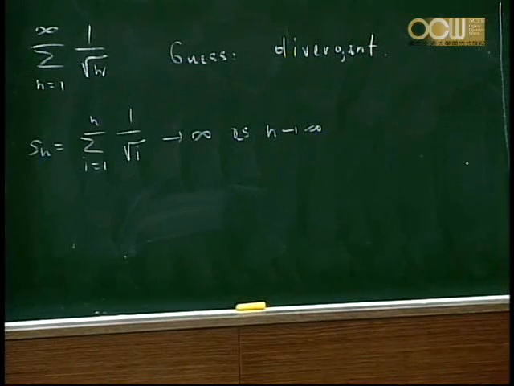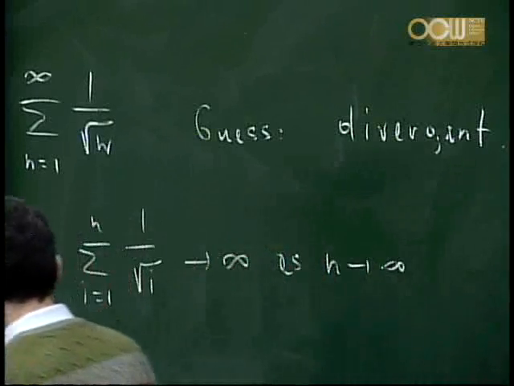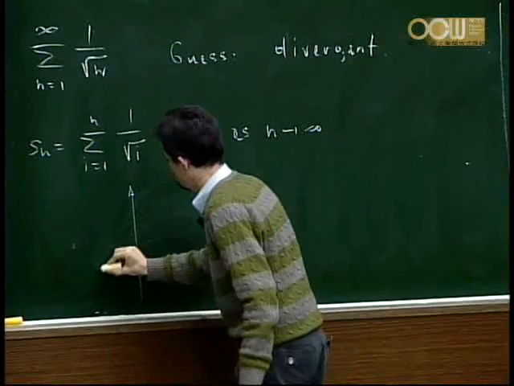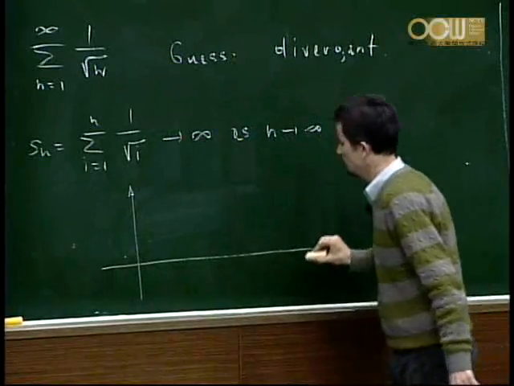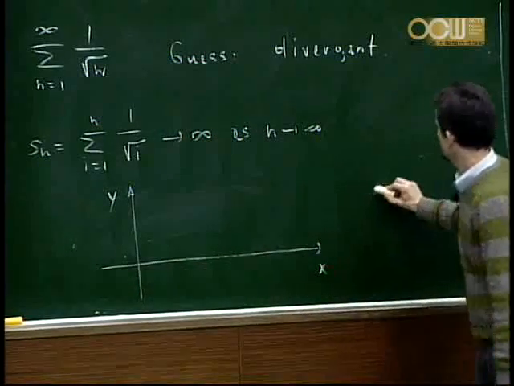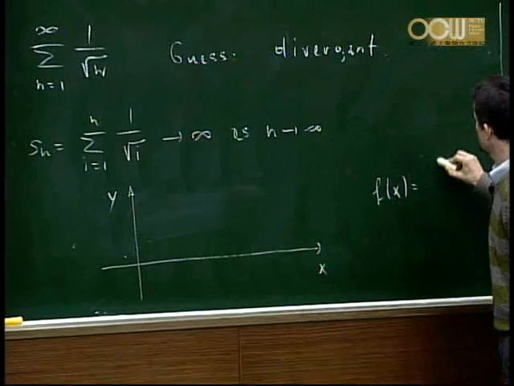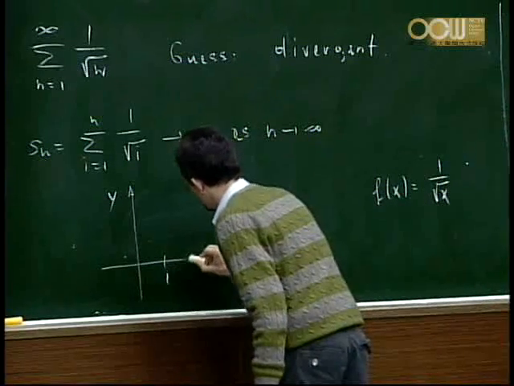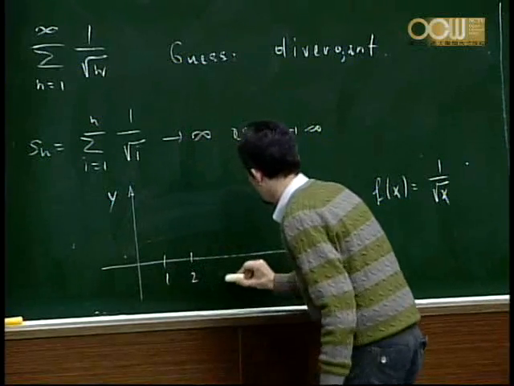Now how to show this precisely? Here again we use a similar picture, but slightly different to the picture before. We have here x, we have here y. We look again at the function f of x equals 1 over the square root of x. We have here 1, here 2, and we go on like this.